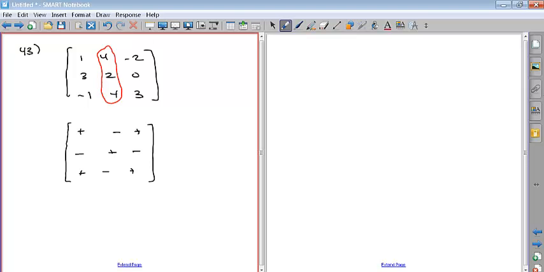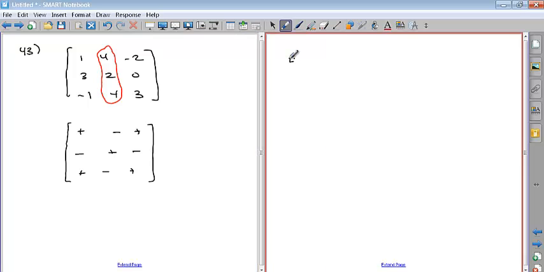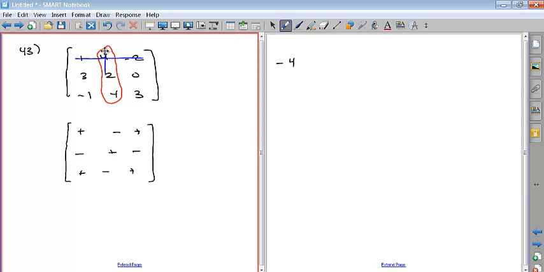Okay, so you start up here with the top, or you can start at the bottom, it doesn't matter. So we write 4 down, that's the multiplying factor. It's negative. And then you cross out the row and the column that thing is in.